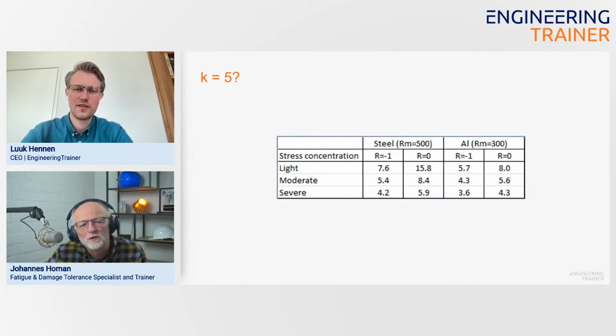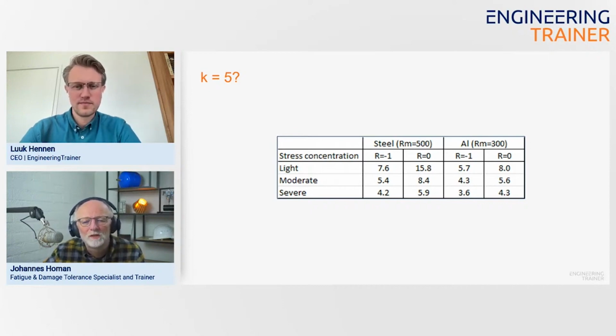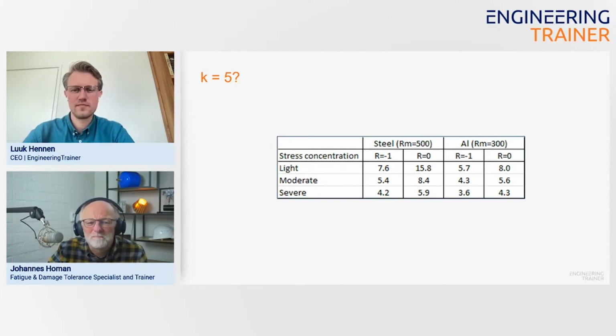Different loading conditions, so R is equal to 0, what we used in this example, but you can do it also for R equal -1. Basically, then you have a cycle in tension and compression. Well, then you see that you get really different k values, so different slopes of your SN curve, and it also differs per material. For aluminum, it's different than it is for steel. And in this case, it varies between 3.6 in this table to over 15, and that's really a flat curve.